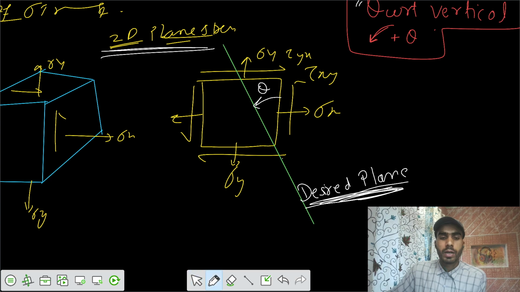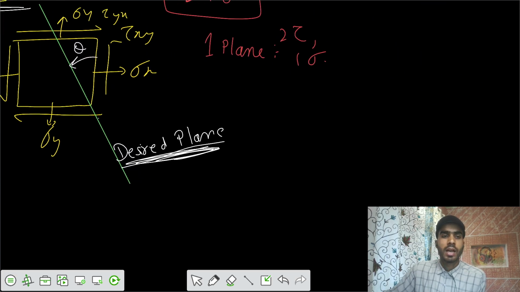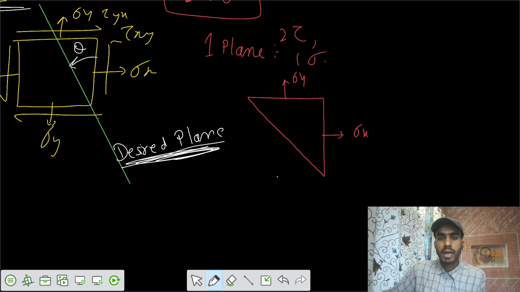We know that on a particular plane there are two shear stresses and one normal stress acting. So if I cut this section and I want to say what's happening on this segment, this was your sigma y, this was your sigma x, this was tau xy, and this was tau yx.